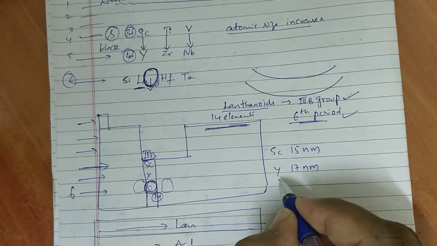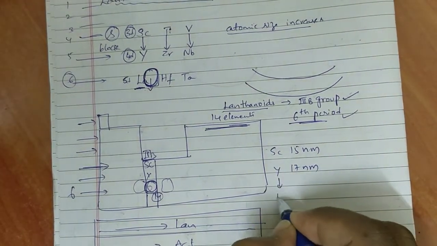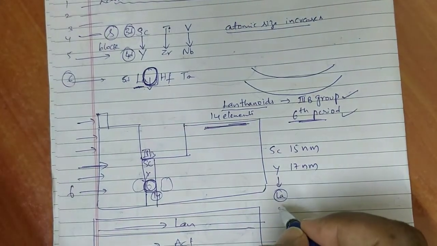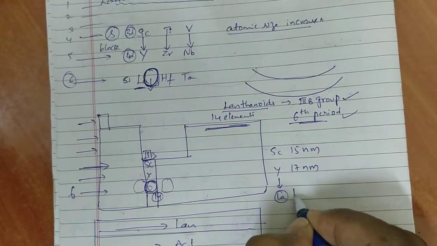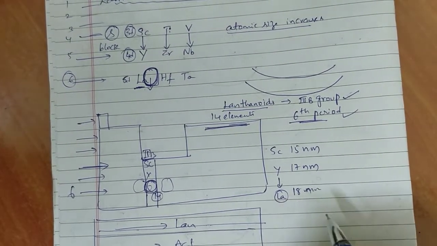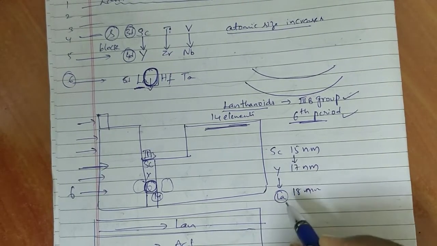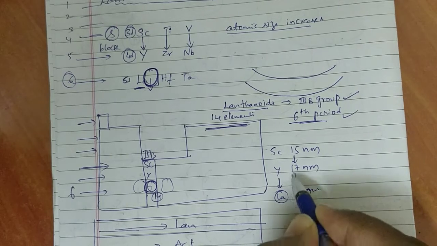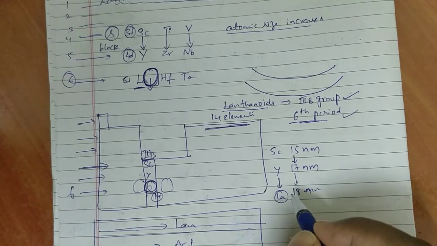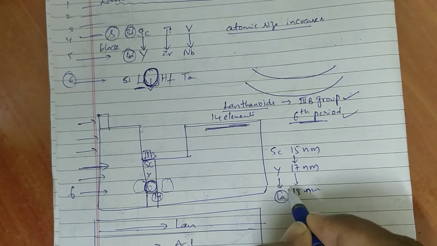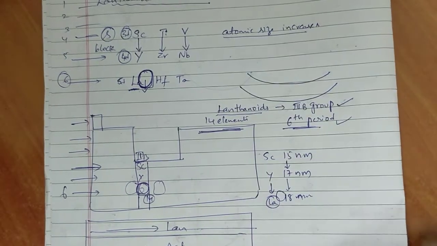But coming to yttrium to lanthanum, lanthanum atomic size is 18 only. From scandium to yttrium, that increase is high. But yttrium to lanthanum, that increase is not that much high. Almost both are same only. Because here lanthanides are there. Because of lanthanides, what will happen? See carefully.